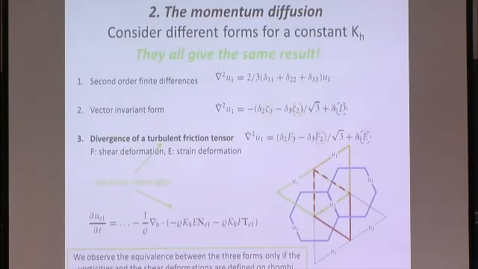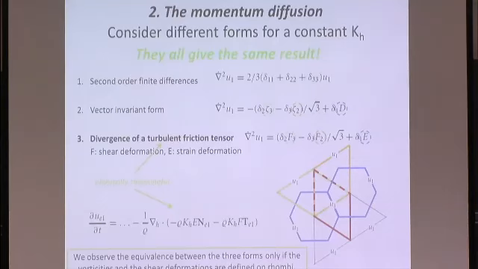This is very well known, but if I want to compute a physically meaningful divergence of momentum diffusion, then I need to simulate the divergence of a turbulent friction tensor. And if I do that, I cannot use the second order differences and also not the vector invariant form.